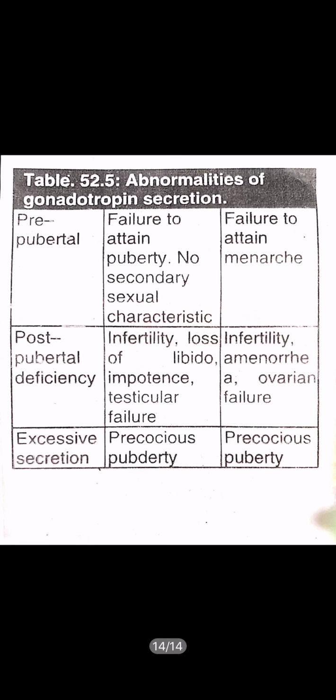If there is abnormality of gonadotropin secretion, if it is prepubertal, there is failure to attain puberty, no secondary sexual characteristics, and failure to attain menarche. If there is post-pubertal deficiency, then you have infertility and loss of libido, you can become impotent, there could be testicular failure, amenorrhea, or ovarian failure in females. If there is excessive secretion, there is precocious puberty.